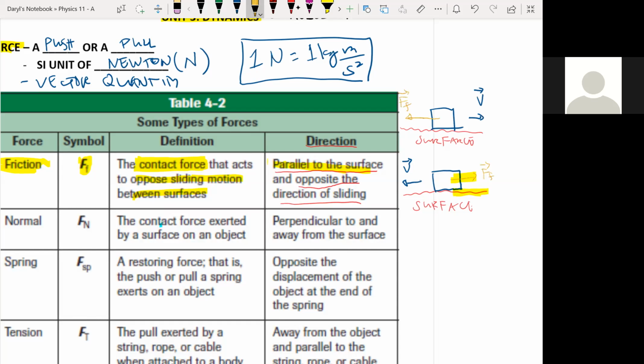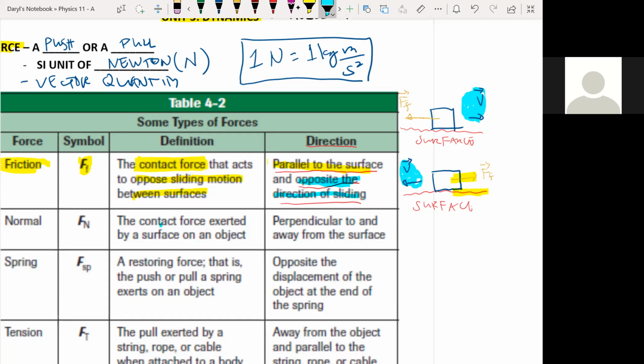Okay. So if you want to identify the direction of friction, you just identify the direction of your motion, the direction of velocity, or the way it is moving. If it's moving to the right, friction would be to the left.